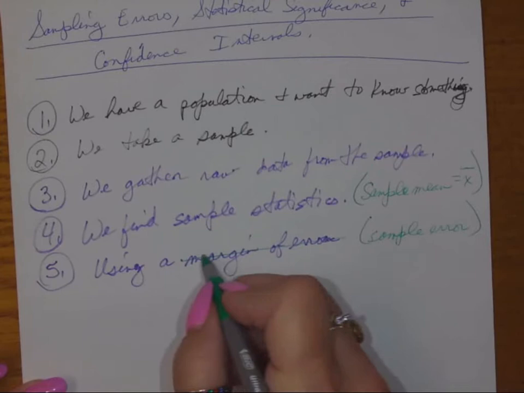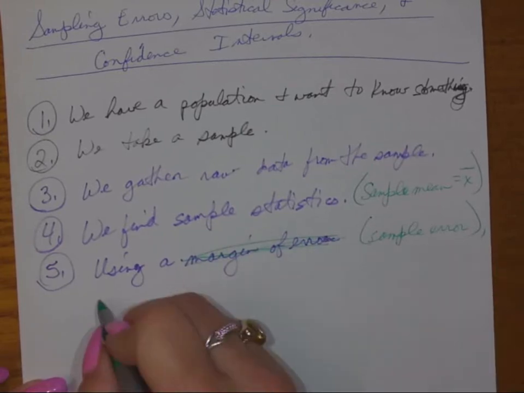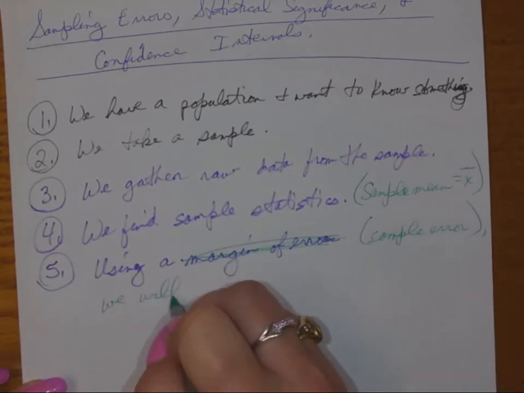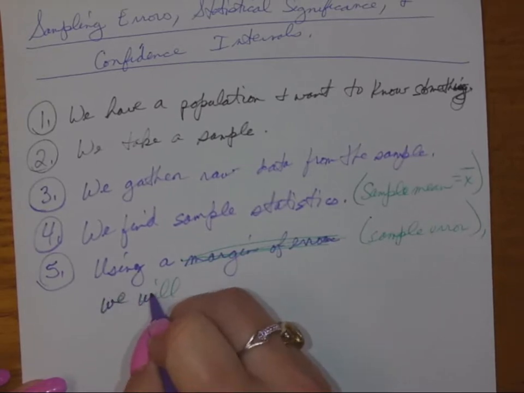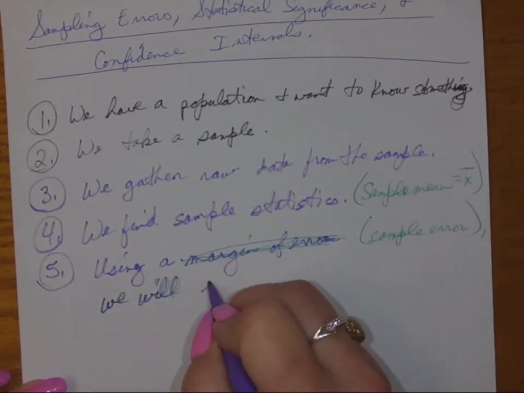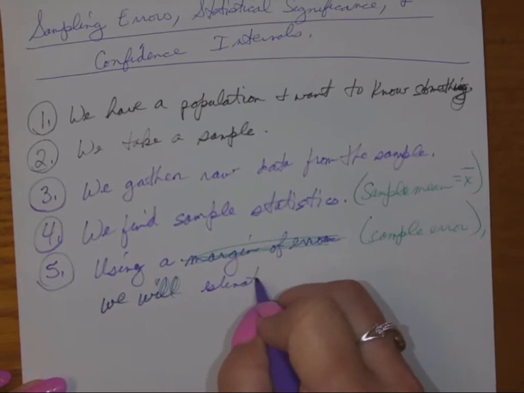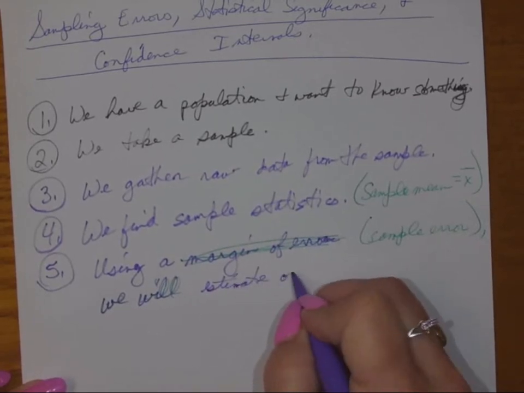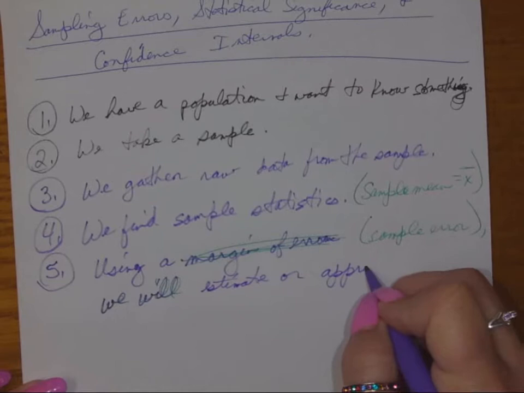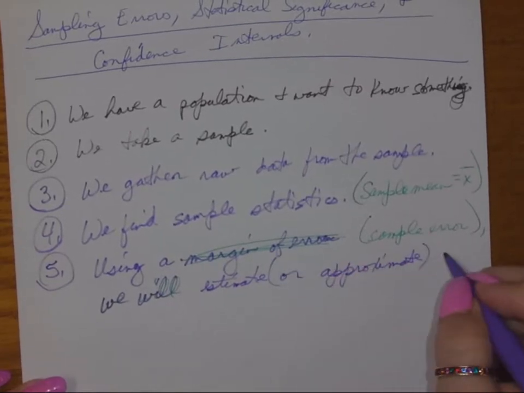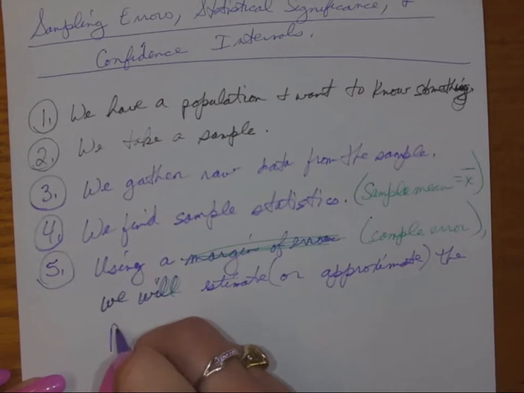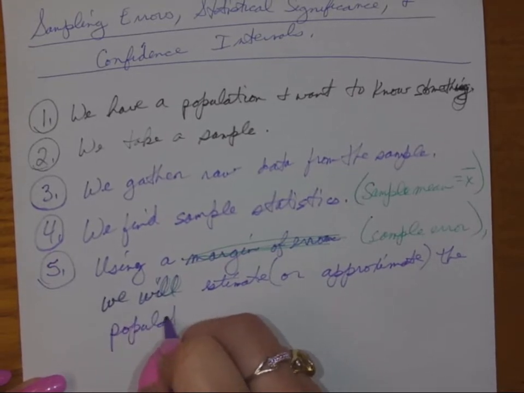Using our sample error, we will estimate or approximate the population parameter, right?